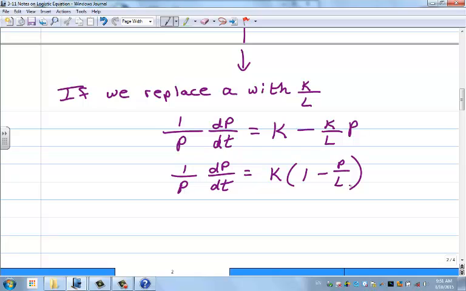Basically you could write it that way, or you could write it as 1 over L times P and take its reciprocal to find L. There are a bunch of different ways to do that.